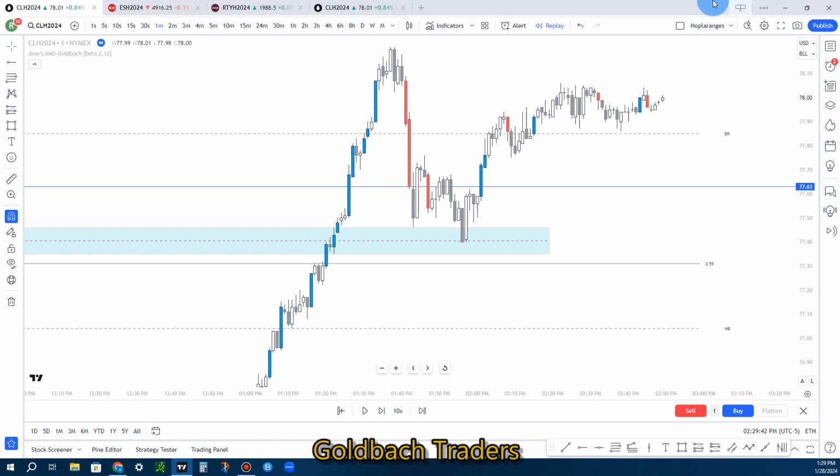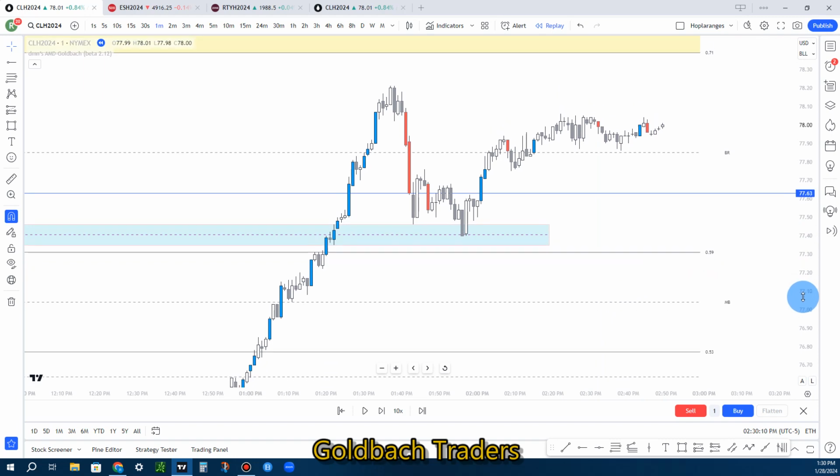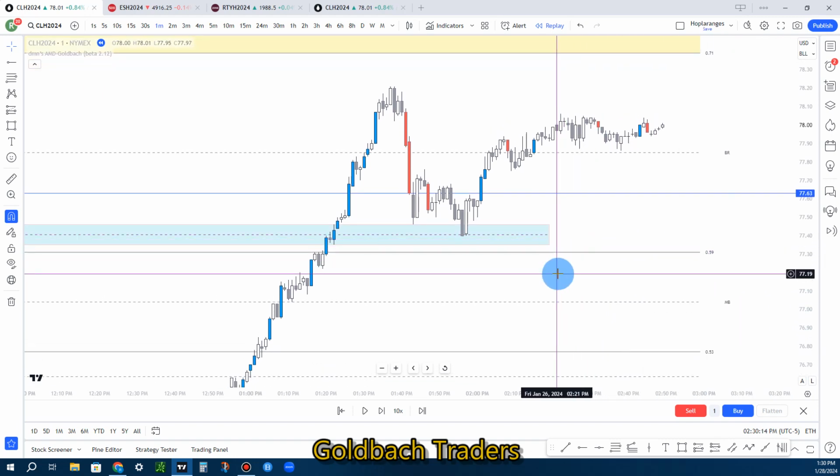So where ICT does a live trade on YouTube, he takes that video and puts it onto his gold block levels and kind of describes what's actually happening there. And ICT says he doesn't use gold block levels, and I don't have any reason to say he doesn't, but I can tell you that gold block levels follow directly along the lines of his trades. All right, so it's interesting, to say the least.